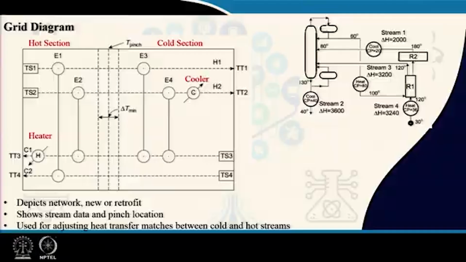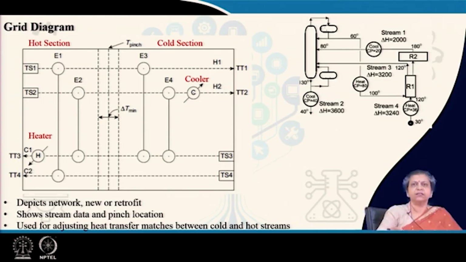So, we had discussed those particular criteria, and then we were about to apply them to the problem that we had discussed. I had said that once we have decided everything, the conventional thing is we represent the hot section as well as the cold section separately in grid diagrams. Now, what is this grid diagram?